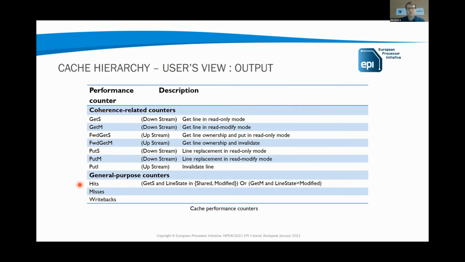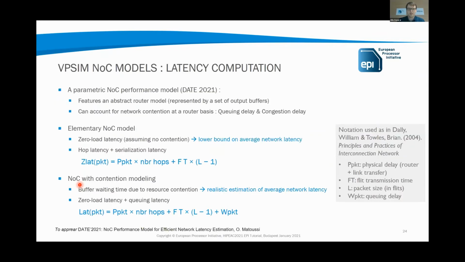So this can be used to evaluate a given topology in terms of messages and efficiency of the future platform. In terms of NoC modeling, here we can see we had a simple NoC model that would account for topological aspects of the network on chip.